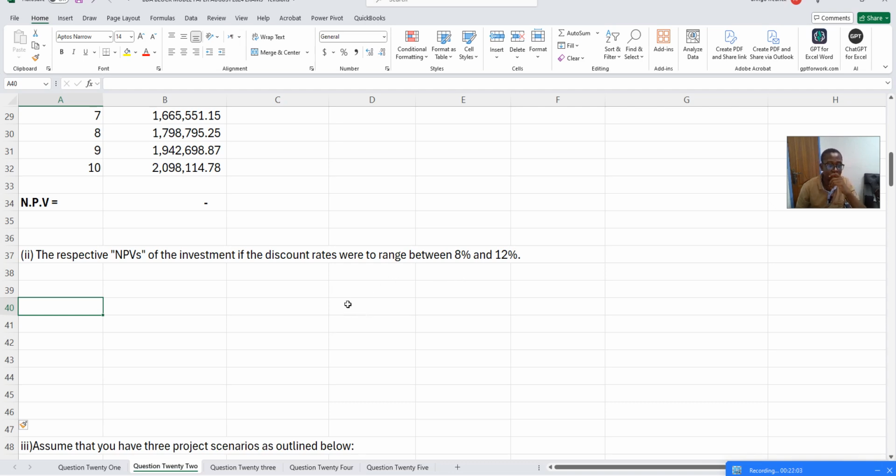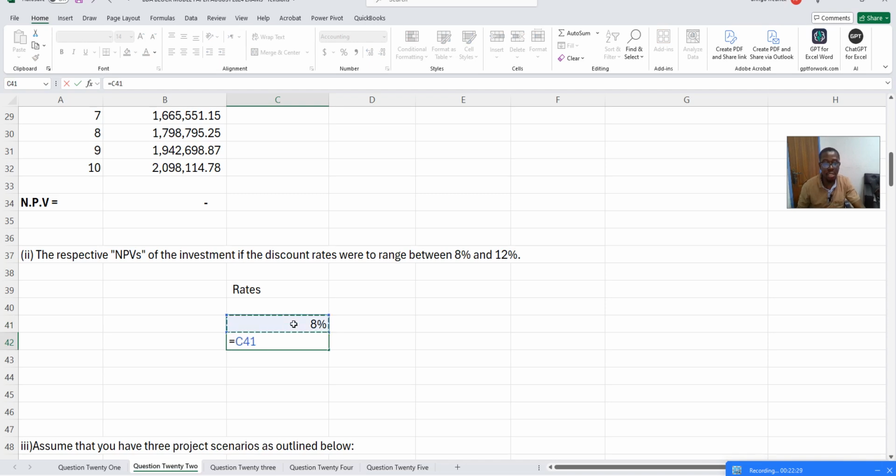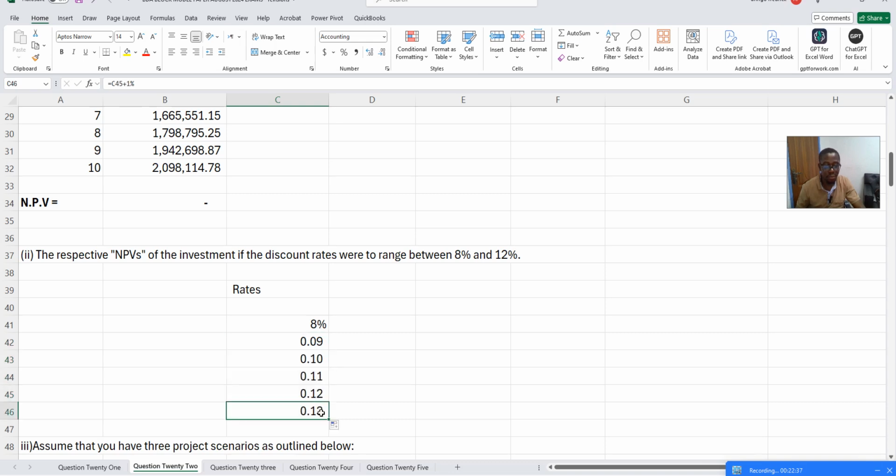So we need to determine our NPV if our rates are as follows, given our following rates ranging from 8% to 12%. So you can take a range of 1% up to 12. That's okay. So you need to determine our NPV at this given rate.